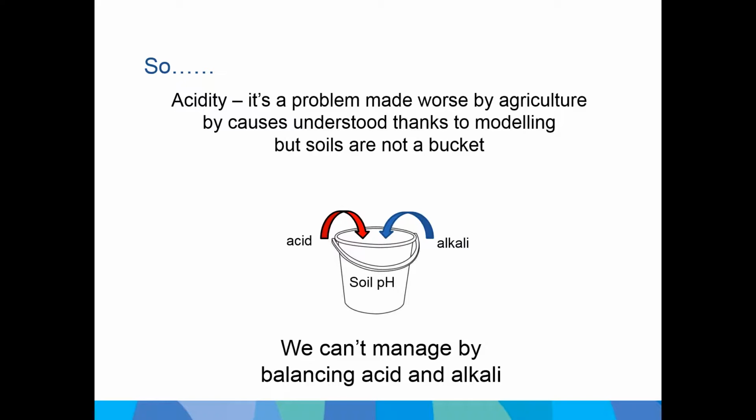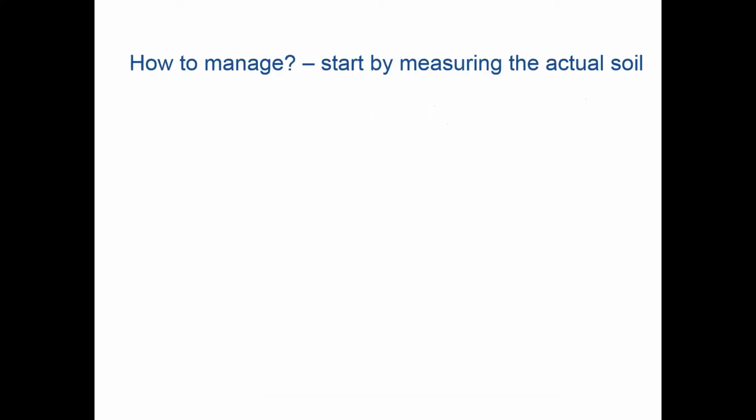It has layers, and different processes happen at different parts of that profile with depth, and therefore the consequence of those processes represent themselves at different depths. So the pH changes at different depths. So we need to stop thinking of the soil as just one bucket or a unit. So what do you do with that? How do you manage that? It's not a bucket, it's a profile.